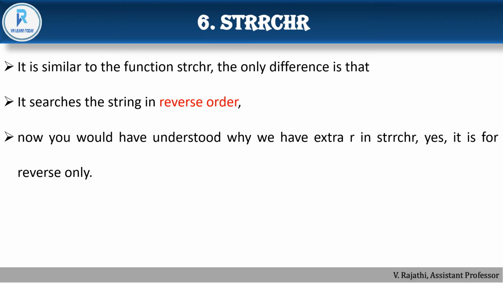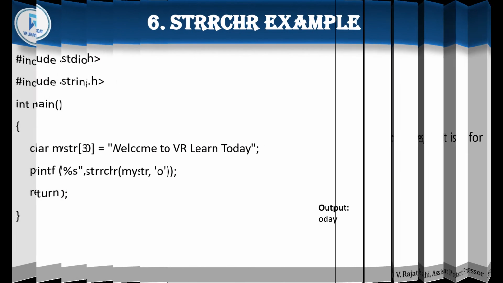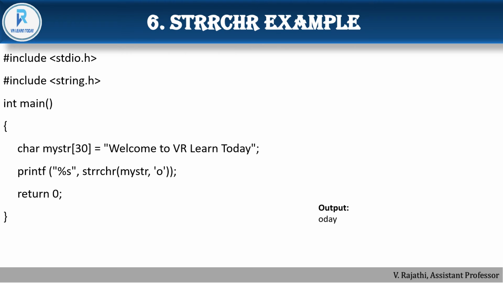It will give the reverse order result. So this is the example here. We are including the string.h header file, and then after the main function we are declaring the string, and then we are using strrchr, and we have to give my str comma o. So it will search the o from the reverse order.